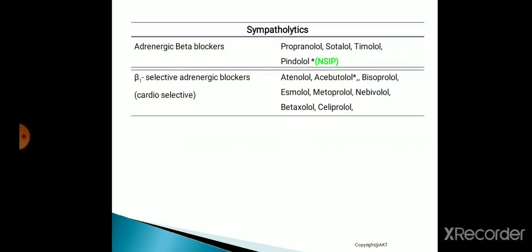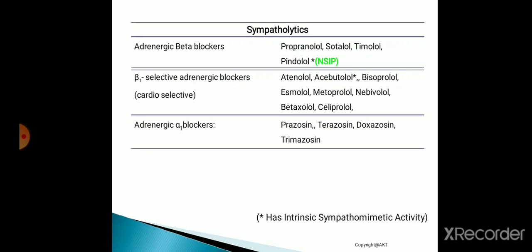Beta-1 selective adrenergic blockers, that is cardioselective beta blockers, are safe during pregnancy. We have so many drugs, starting with atenolol, a highly important and very commonly used drug, or metoprolol, nebivolol, the latest one, bisoprolol, esmolol. Kindly check it out.